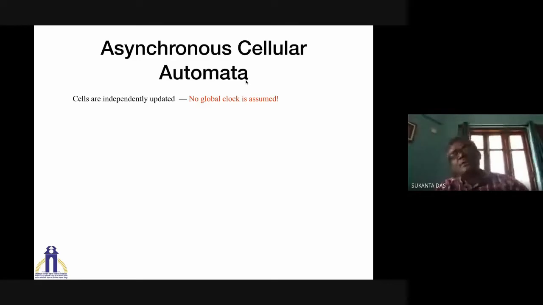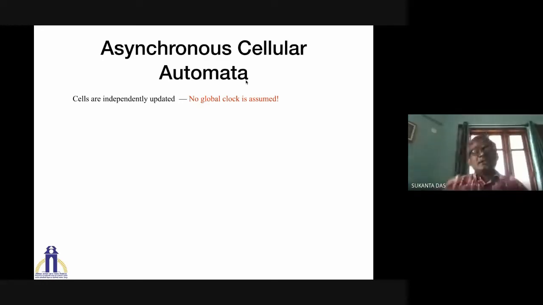We have some idea about digital logic, and we always do it by introducing a global clock. A clock ensures that all the nodes, all the cells, all the circuits update simultaneously.